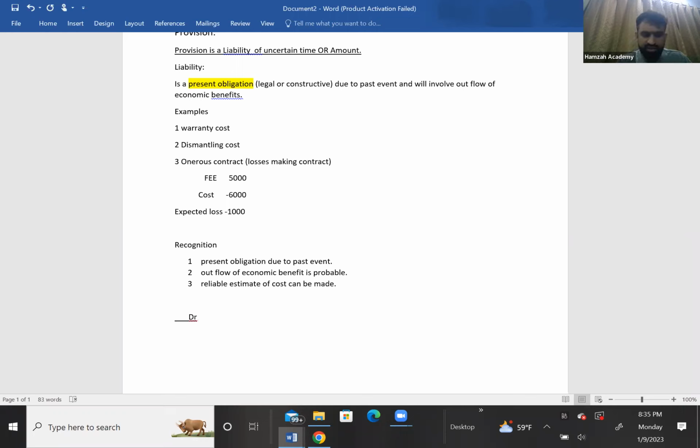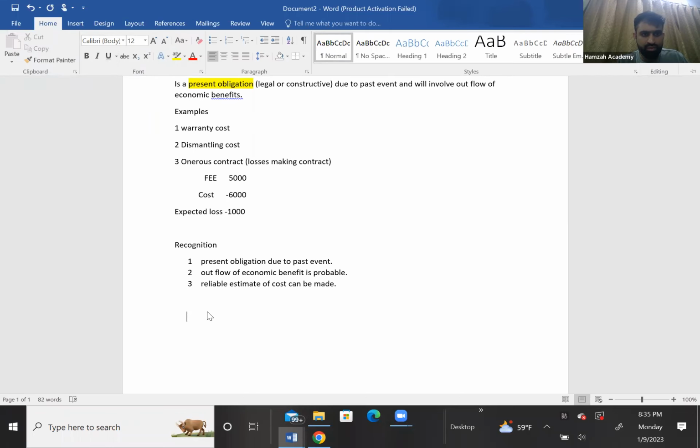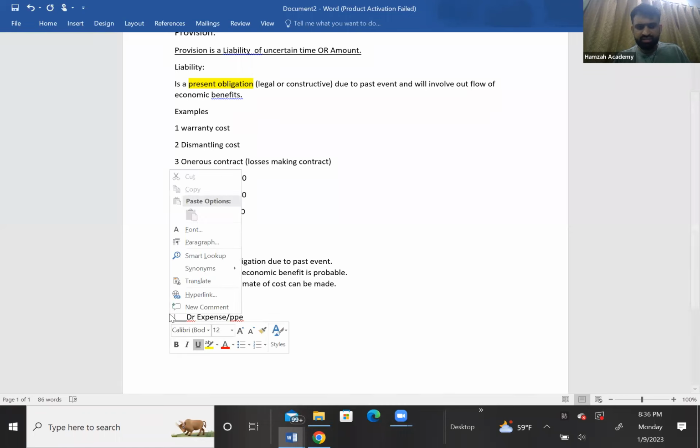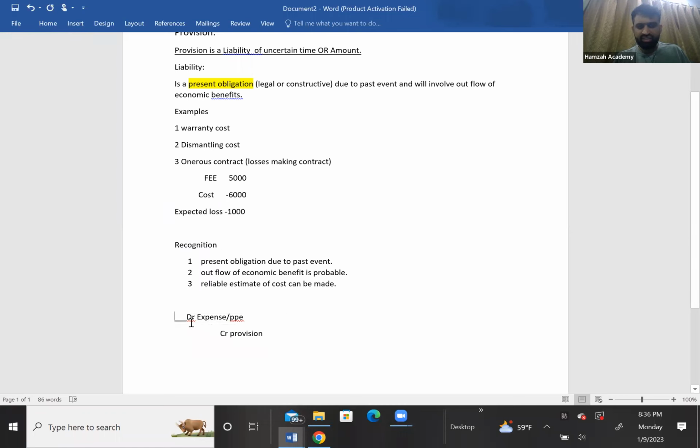It means we will debit the expense or property, plant and equipment and credit the provision. Usually the provisions are expensed out in the profit and loss account, but in some specific cases, provisions can also be recognized in the cost of the asset.